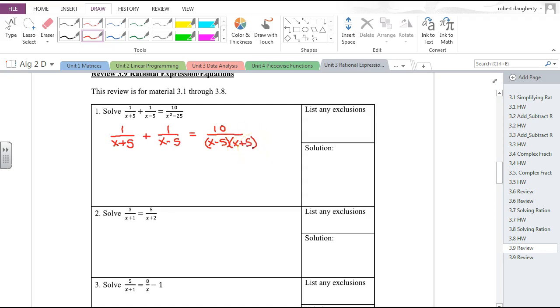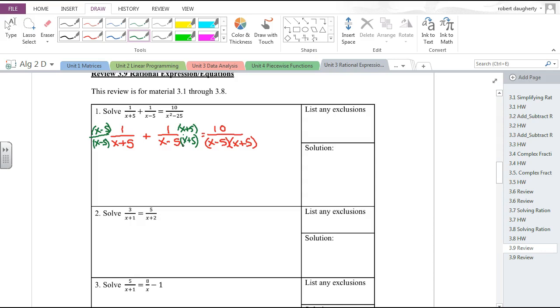Well, I can add the left side of this equation together. If I multiply this by x minus 5 over x minus 5 and multiply the next term by x plus 5 over x plus 5, then I'll have a common denominator.